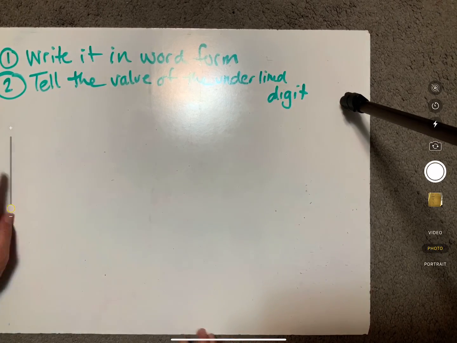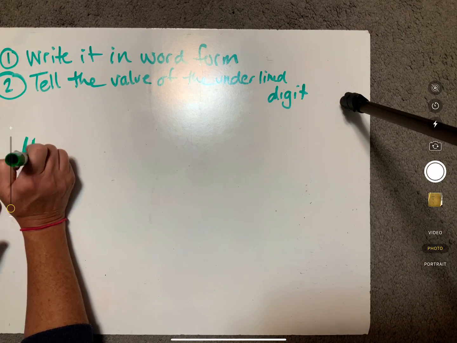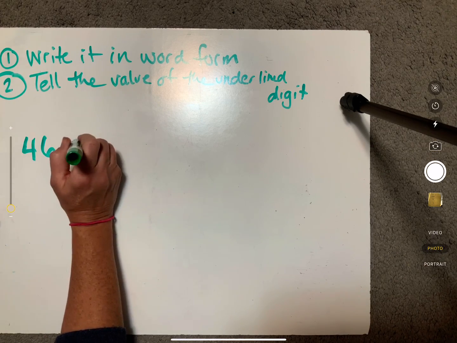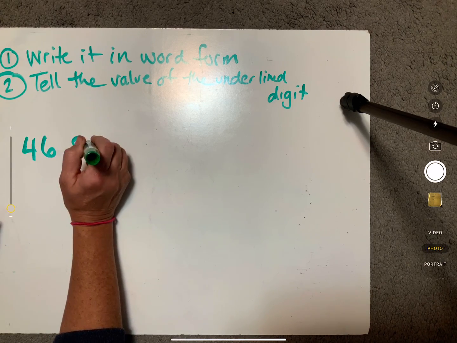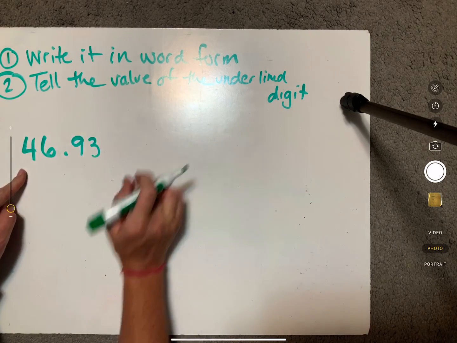Okay? So it is a two-step thing. So if it has the number, let's say, 46 and 93 hundredths. Step 1, I need to write it in word form.